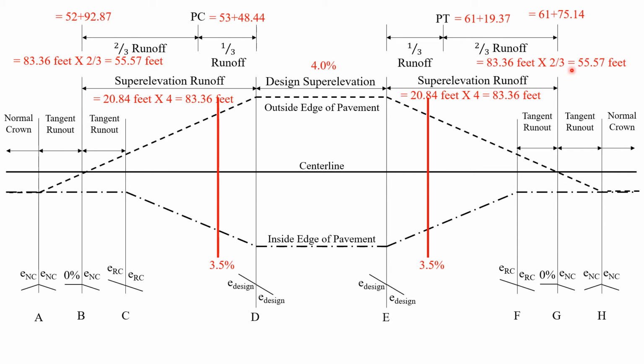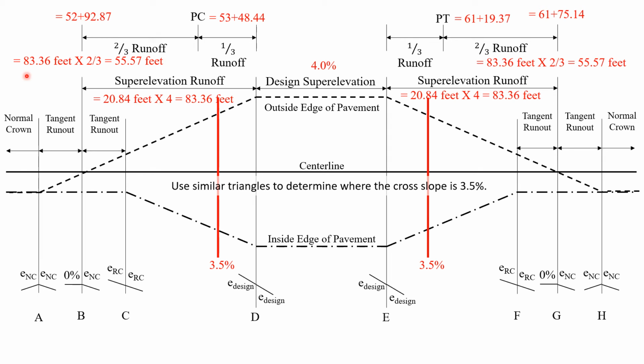And we're going to add the 2/3 of the super elevation runoff on the PT side of the curve to get station 61 plus 75.14. So again, on the PT side, we're adding 2/3 of the runoff. On the PC side, we're subtracting 2/3 of the runoff to get those stations of adverse crown removed. They happen at 2 points on every curve, at the beginning of the curve and the end of the curve.